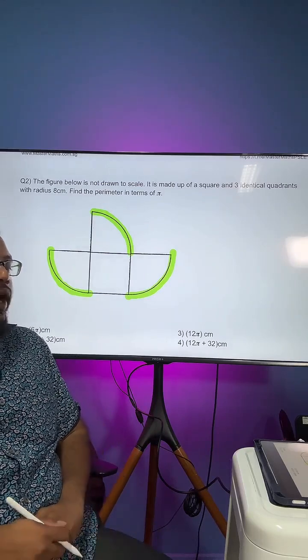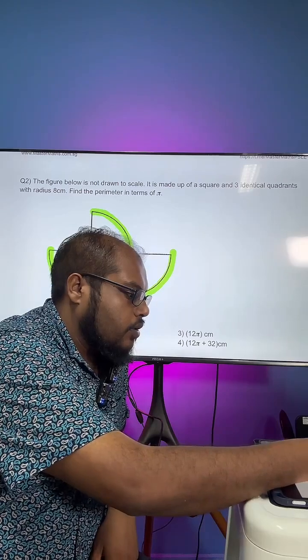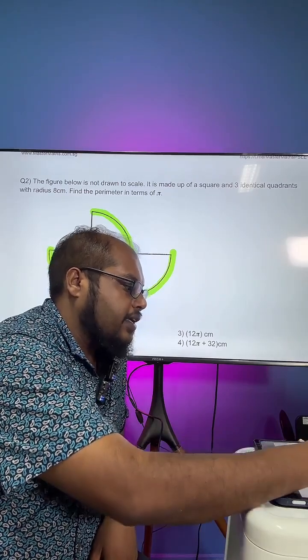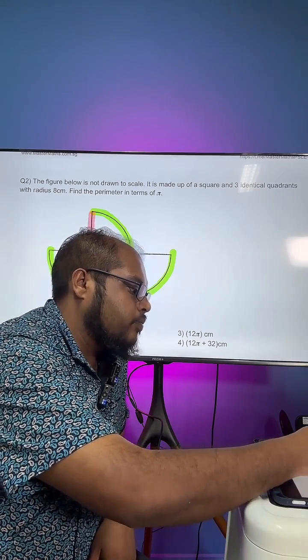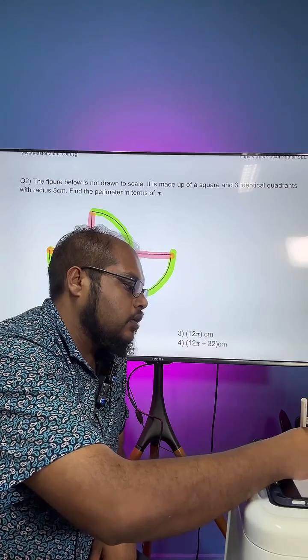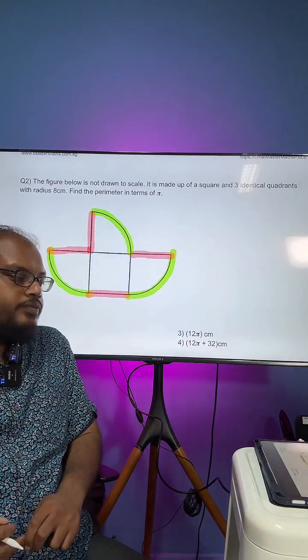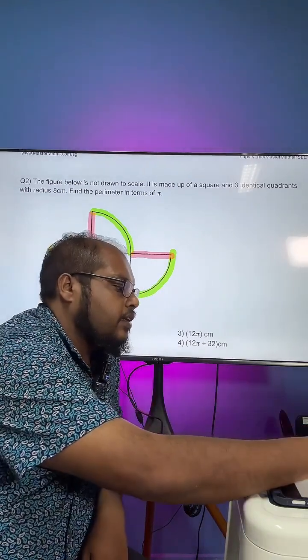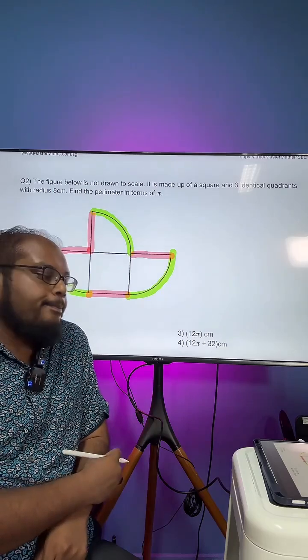And then, what else makes up the perimeter? The straight lines. You have 1 straight line here, 2, 3, 4. We know that one of them is 8 cm.